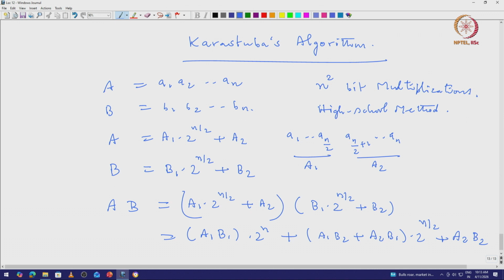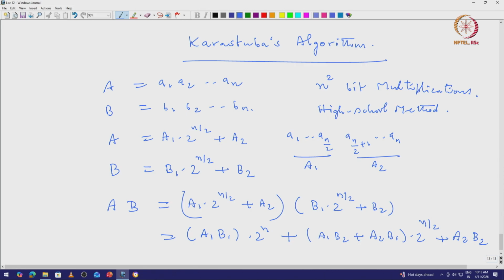So, you can see that if I want to compute AB, I have to compute three quantities: the coefficient of 2 power n, the coefficient of 2 power n by 2, and the constant term.